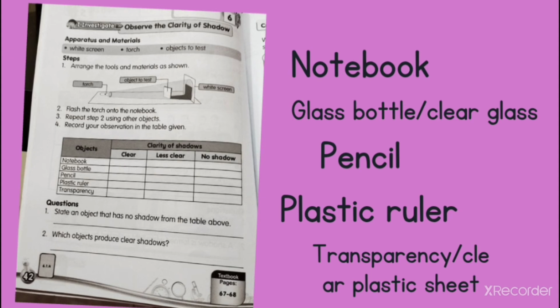You tick whether the shadow formed is clear, less clear, or no shadow. Then answer the questions. Number 1, state an object that has no shadow from the table above. Number 2, which objects produce clear shadows?